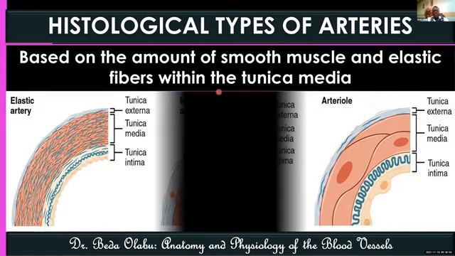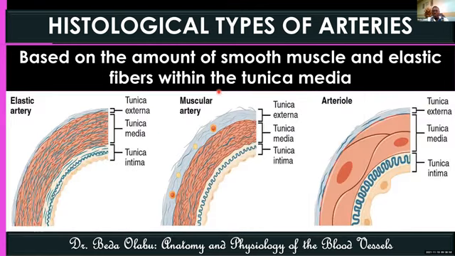On this basis, we usually talk about 4 histological types of arteries. The first one looks like this. We call it elastic arteries. It has a very thick tunica media, and that tunica media has several elastic fibers.